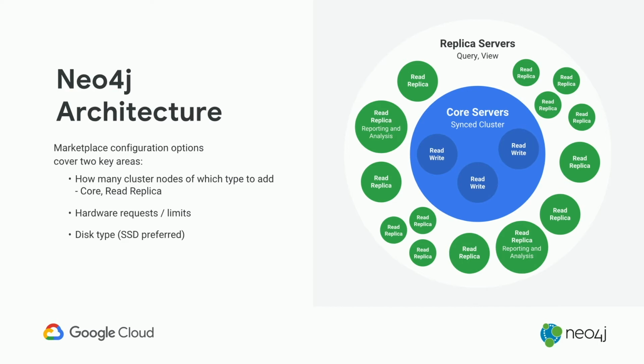What is that going to do for you? Okay, so Causal Cluster is Neo4j's highly available clustered architecture. On the right-hand side here, we've got a picture of what that looks like. Causal clusters are divided into two kinds of nodes in the cluster, core servers and read replicas. Core servers synchronize the data and guarantee high availability.